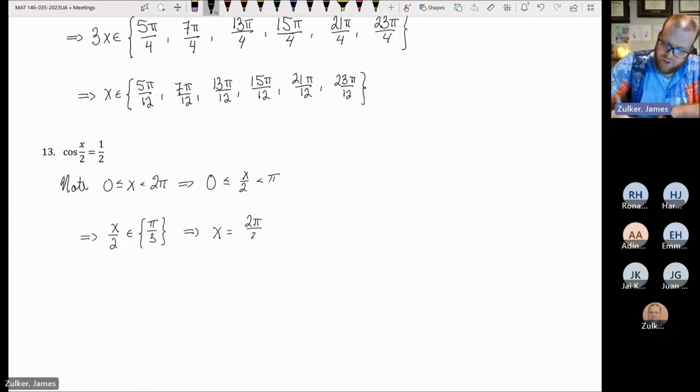So we have a single solution. X is 2 pi over 3. Right? Again, that was a lot simpler than if we were to use the half angle identity for cosine.